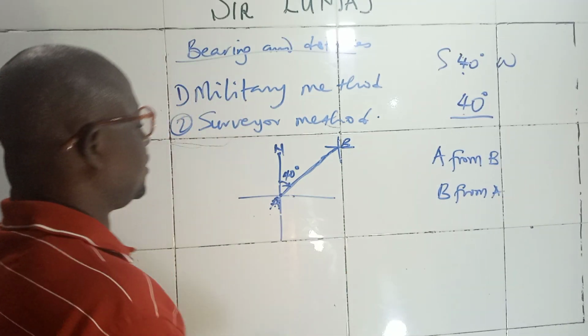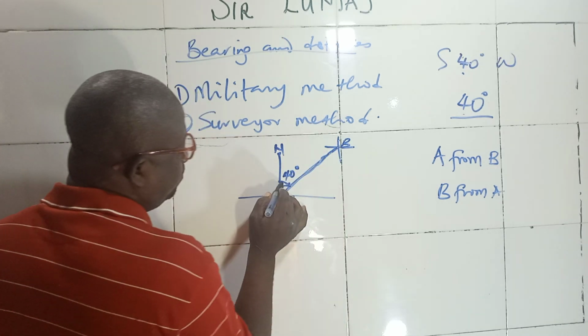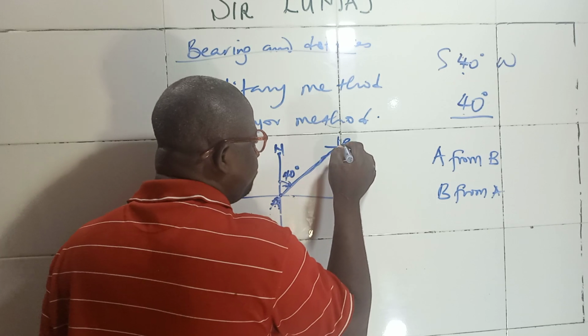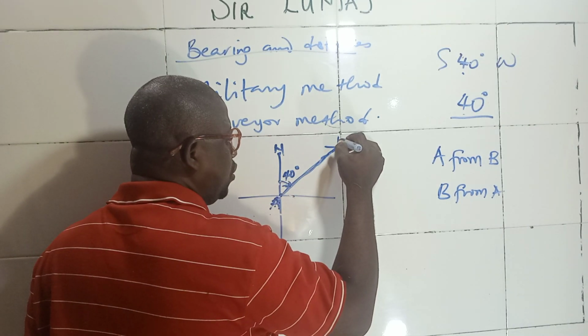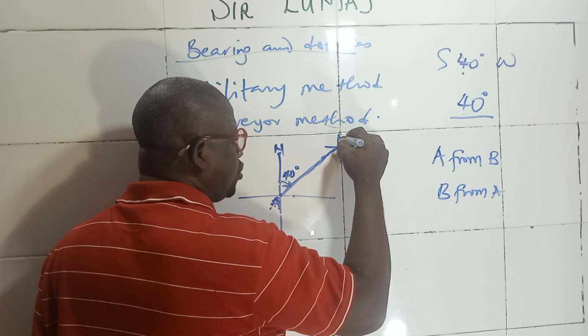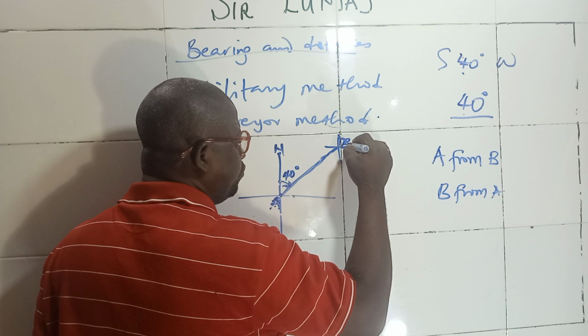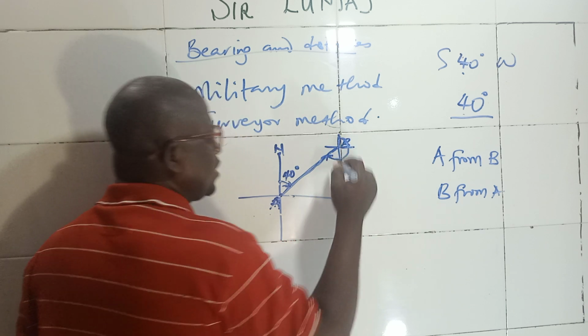If this man has moved from A to B on a bearing of 40 degrees, then what will be the bearing of B from A? You go to the north of B and draw an arc that extends from the north of B, touching this back.